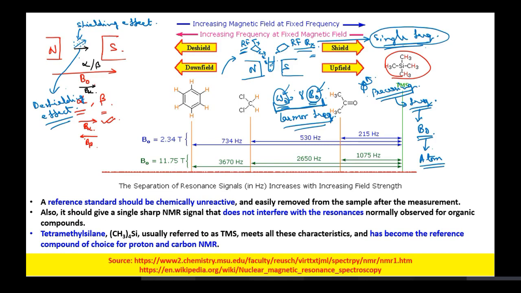Okay, so that means this Larmor frequency is specific, this B0 is specific for a particular atom, and this B0 would vary for each and every atom, and also for each and every molecule.